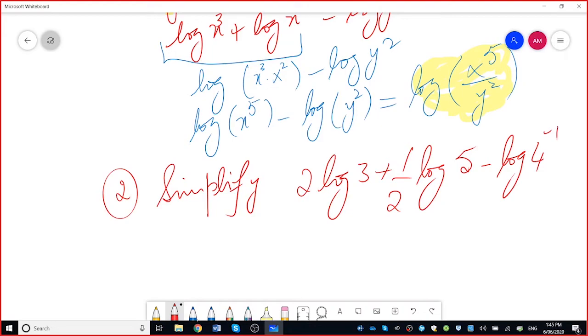So we have again to simplify it to a single log expression, like the question we just did earlier.